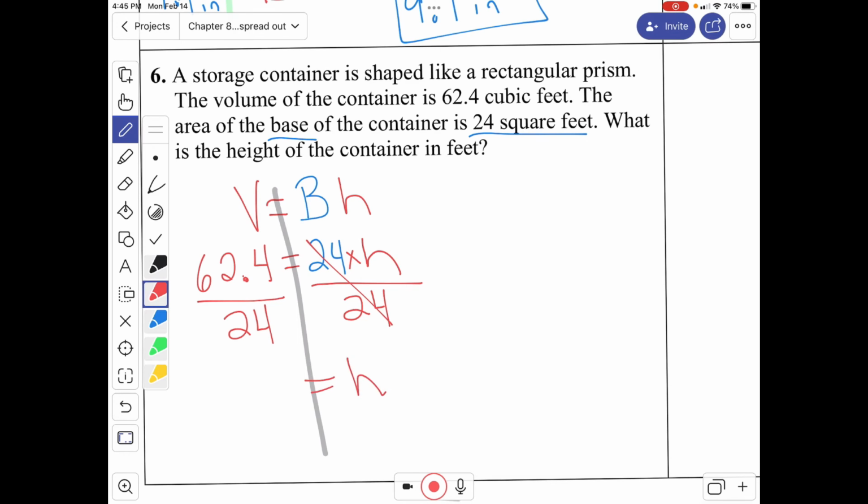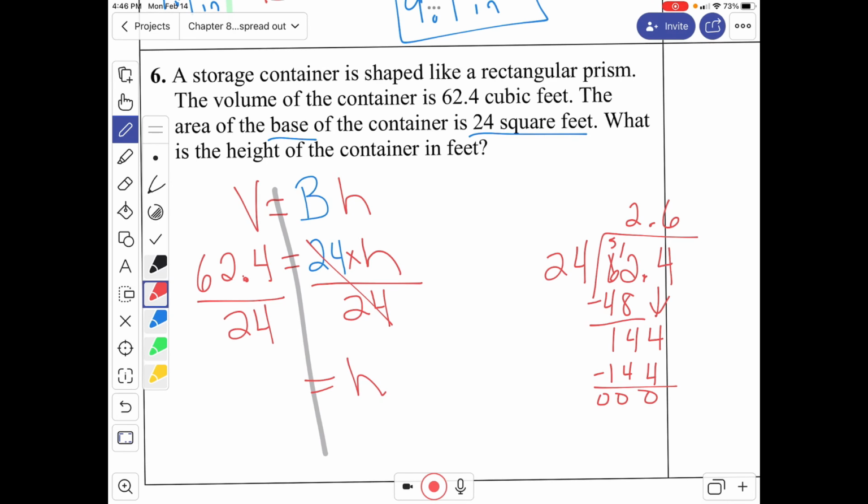So we're going to divide 62.4 by 24, and I got 2.6 feet.